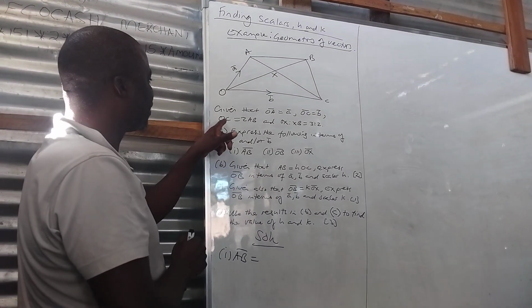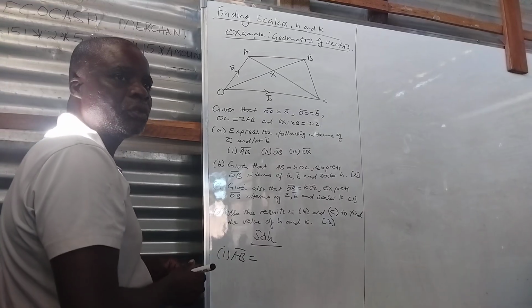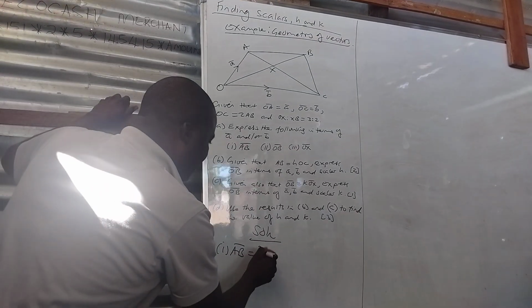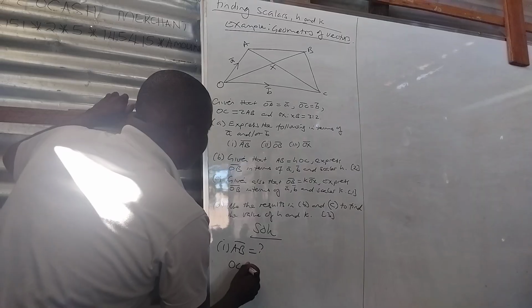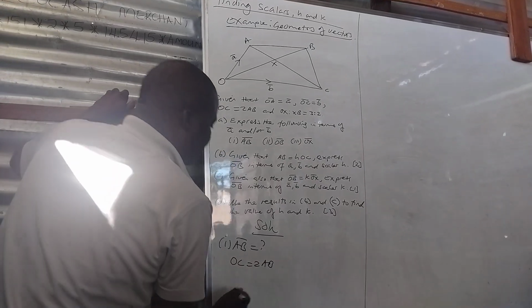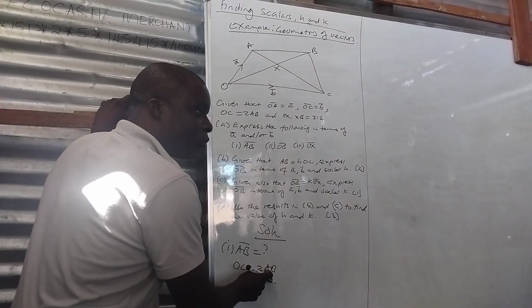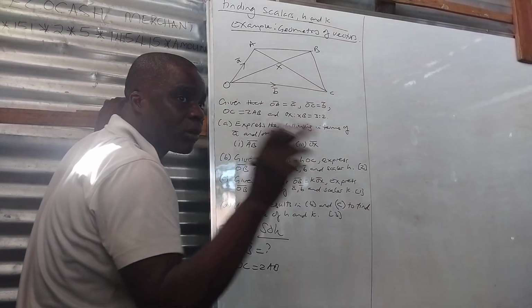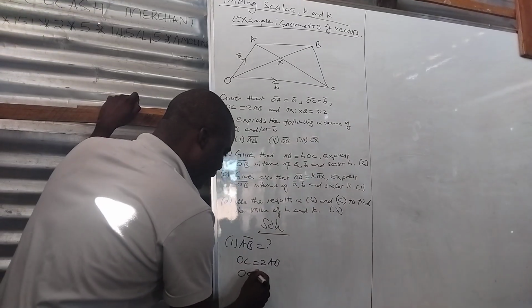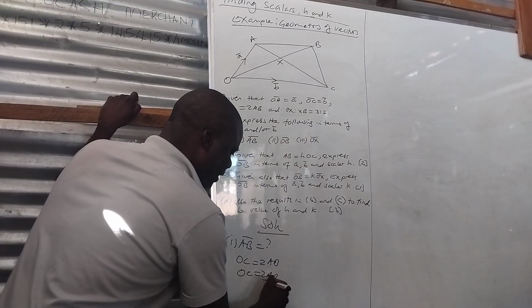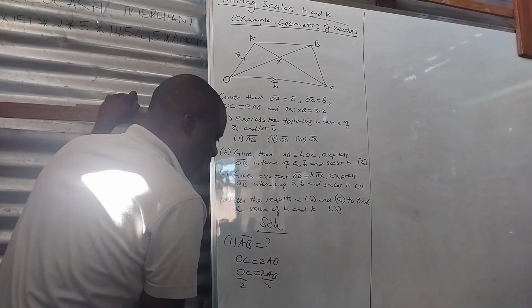OC is equal to 2AB. Since these are parallel lines, we make AB the subject of the formula, so we divide by 2 on both sides. Are we together?